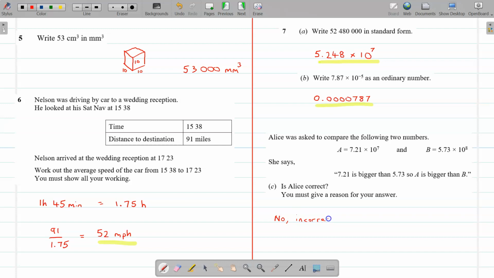And then you need to just say why, because 10 to the 8 is greater than 10 to the 7 by 10 times. That's what I'm going to say. Okay, some reference to the powers of 10.